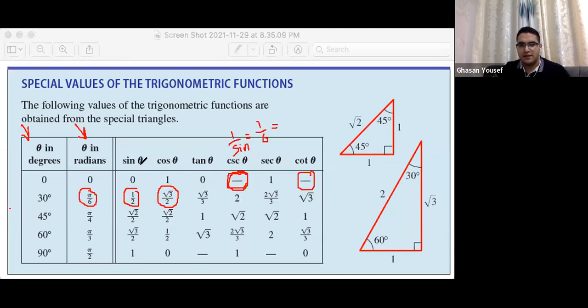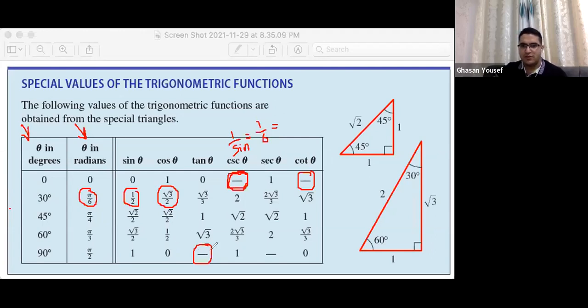For 90 degrees, the sine, you should know, is 1. The cosine is 0. The tan does not have a value. Why? Because the tan is equal to sine over cosine, and 1 over 0 is undefined. That's why the tan does not have a value. Cosecant is the reciprocal of sine, 1 over 1. The secant is the reciprocal of cosine, 1 over 0.